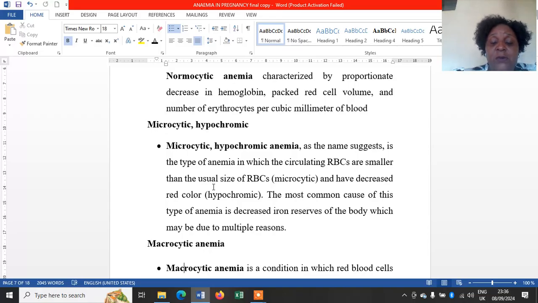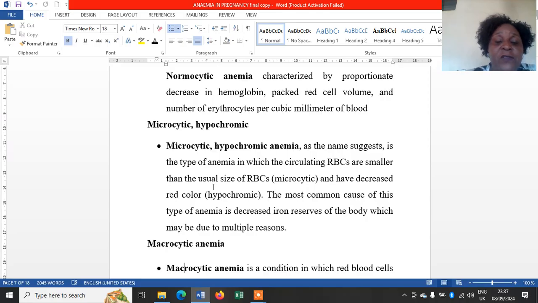So, when we don't have iron, what does it mean? We said iron is a key factor which is the recipient of oxygen. And when oxygen attaches to iron, we get hemoglobin, which gives the red coloration of blood.